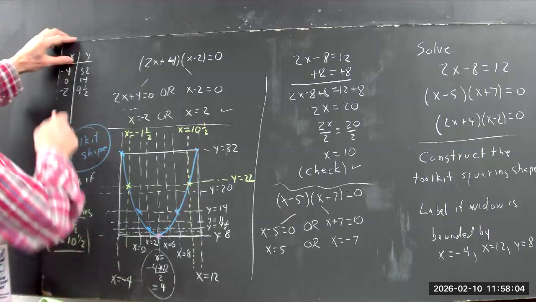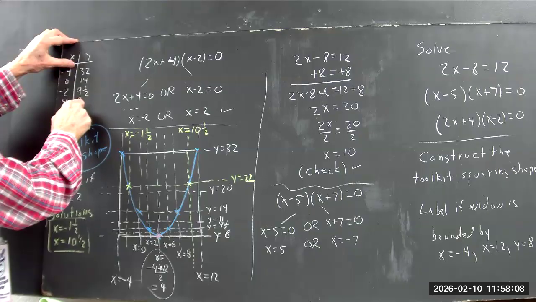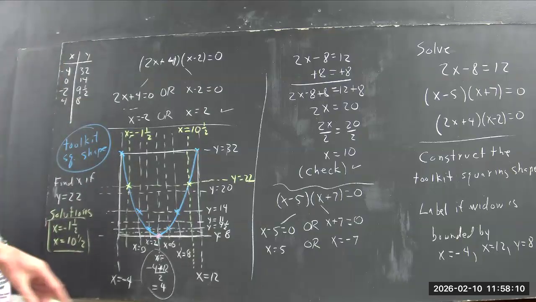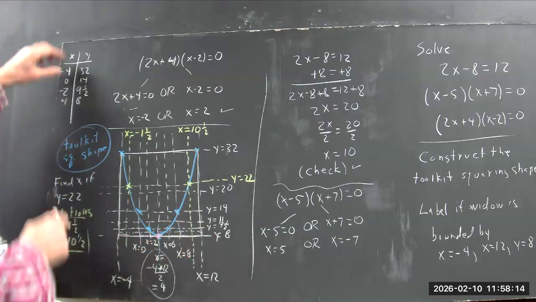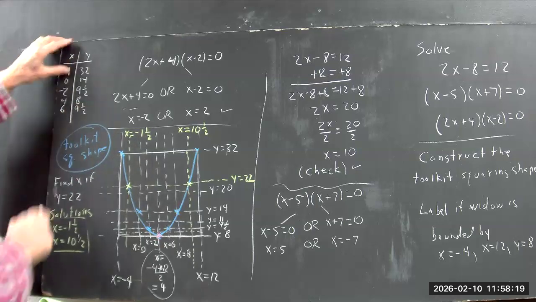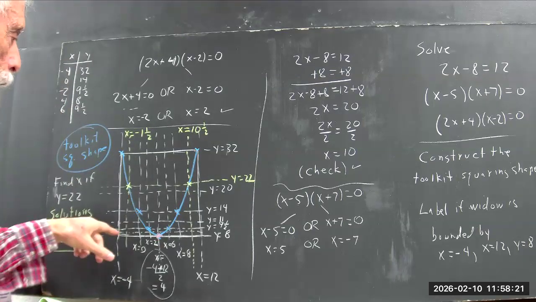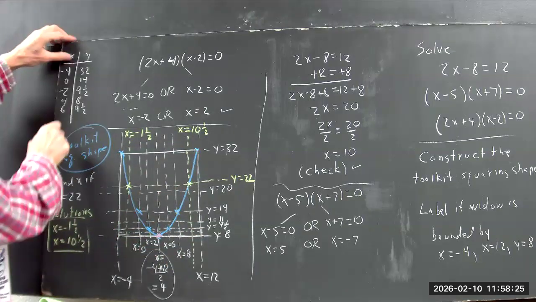It's x equals 4, and y equals 8. Then this point is on x equals 6 and y equals 9.5. And then the next one is on x equals 12 and y equals 32.